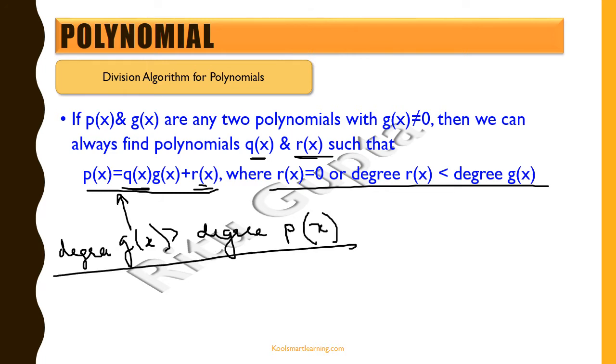Yes, this holds true even in this case, because in that case the degree of the dividend is already less than that of the divisor, so this becomes the remainder and q(x) becomes 0. So this still holds true with p(x) becoming equal to r(x) and q(x) being 0.